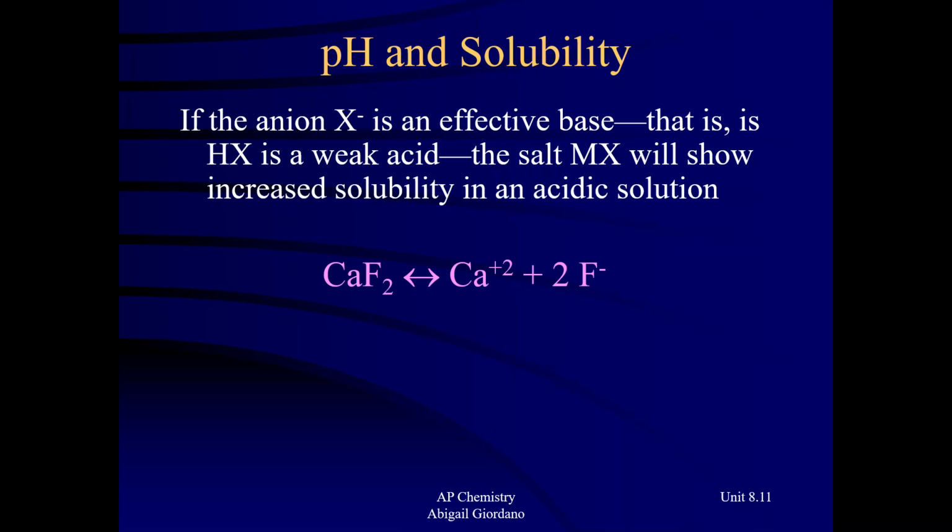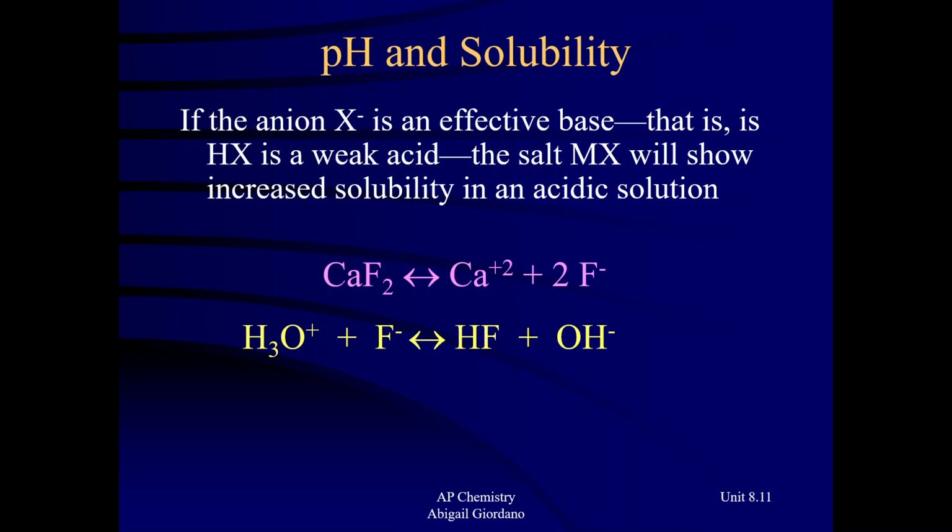Let's remember, what's present in high amounts in an acidic environment? That would be hydronium. Could hydronium possibly react with either one of those ion products? Absolutely. And this is what we get. Now, being that we're at the end of Unit 8, I would expect you to be able to predict that yes, this reaction will occur.